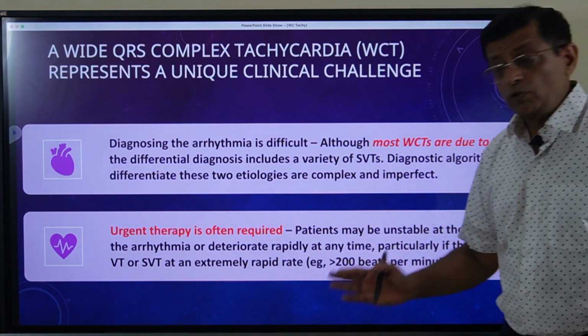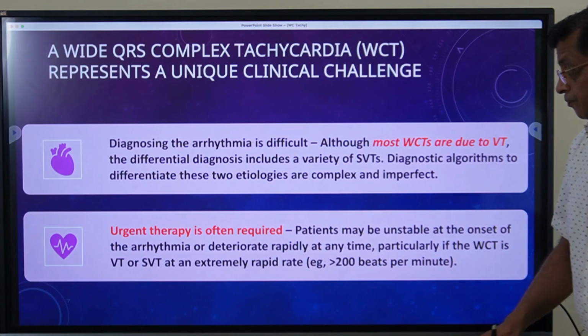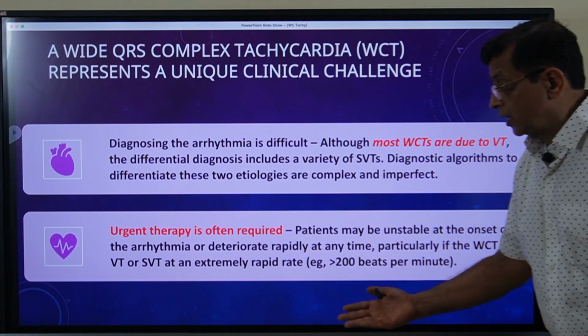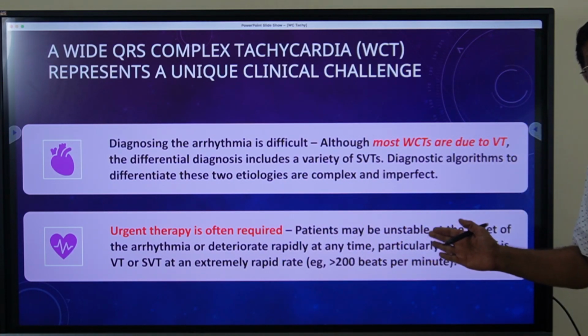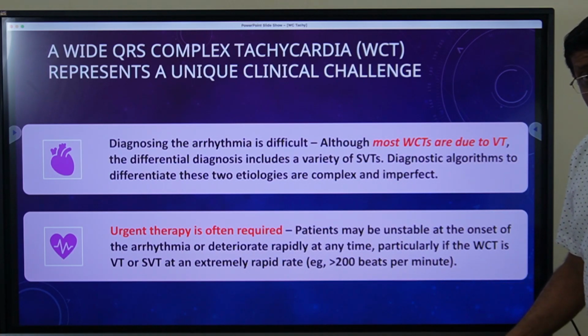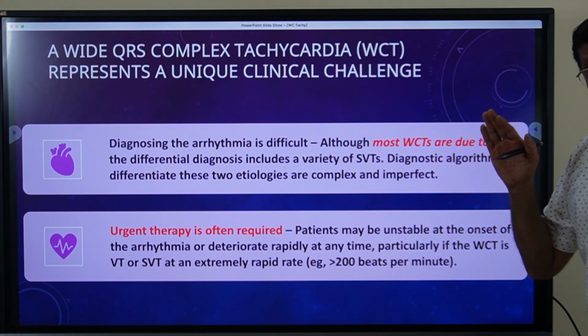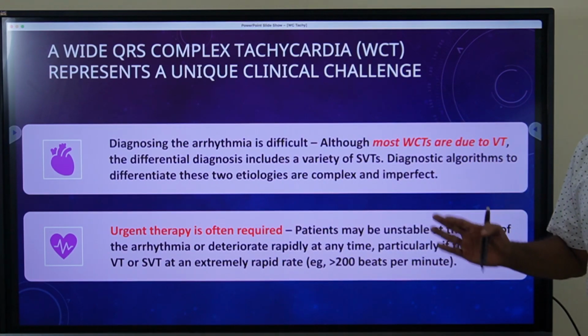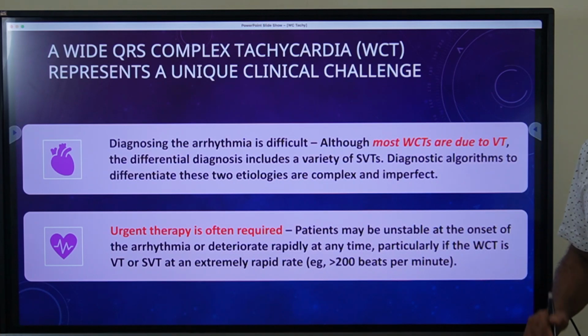Also, we don't have time because urgent therapy is often required. Patients may be unstable at the onset, or if the ventricular rate is very high, more than 200, they could rapidly become unstable. So we have to treat urgently. This makes it a little difficult to immediately diagnose and treat wide complex tachycardia.